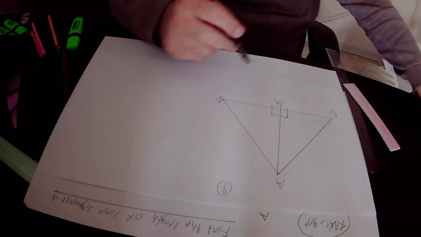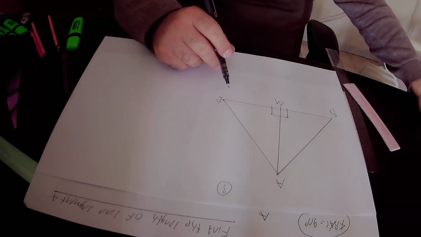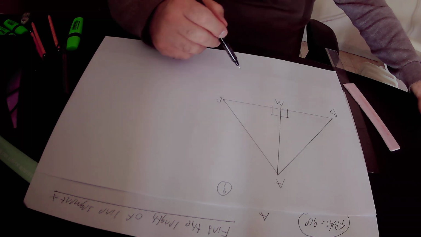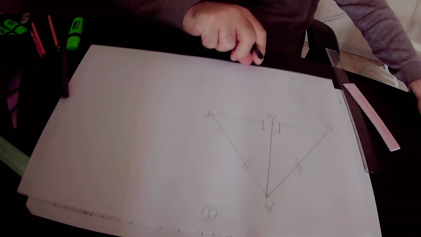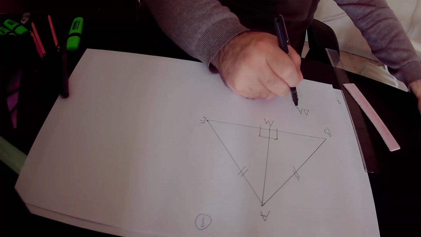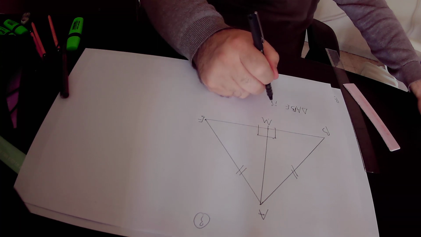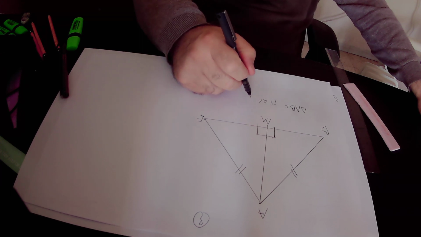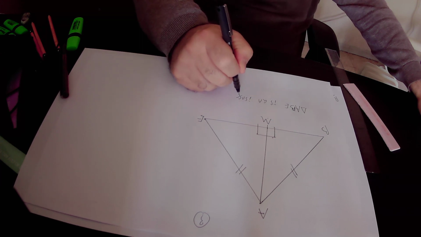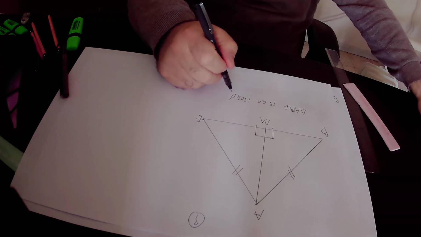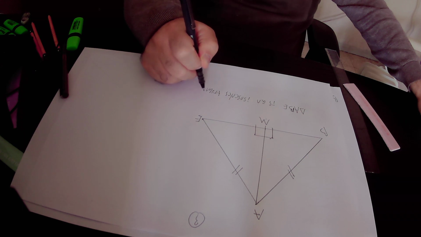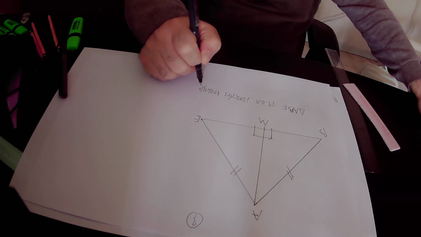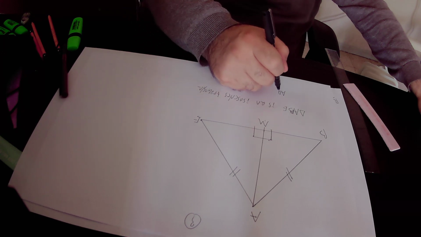I repeat again, triangle ABE is an isosceles triangle because AB equals AE. I write it down. Triangle ABE is an isosceles triangle because AB is equal to AE.